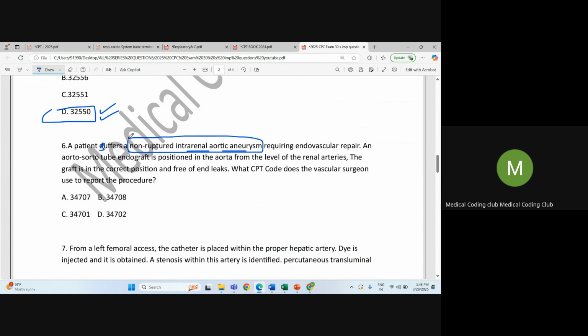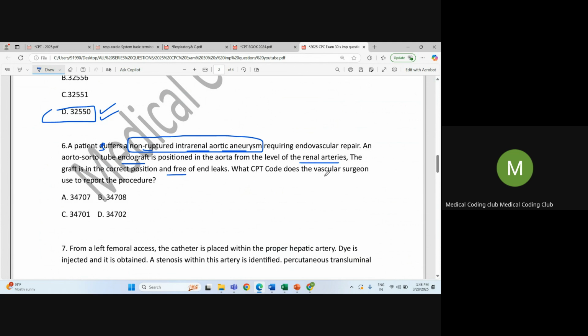When you are referring to the aneurysm concept, check whether they are saying ruptured aneurysm or non-ruptured aneurysm, because the code will vary on that particular note. As I highlight here, the question is about a non-ruptured infrarenal aortic aneurysm. You can just read the remaining question.